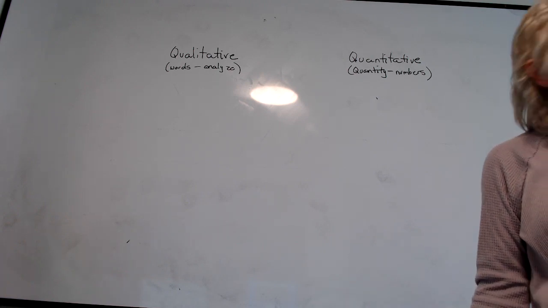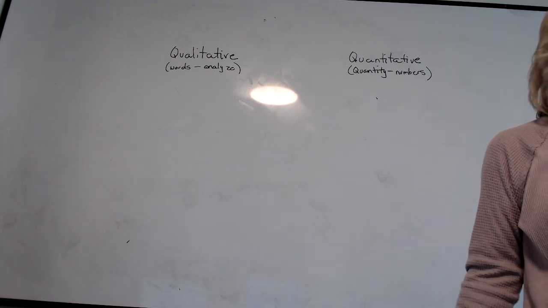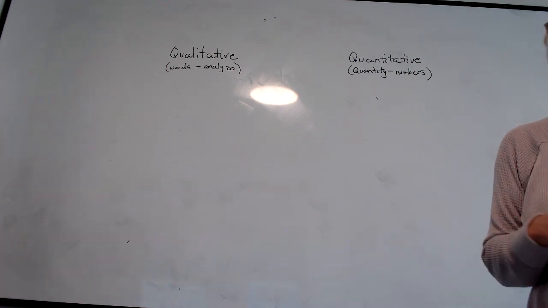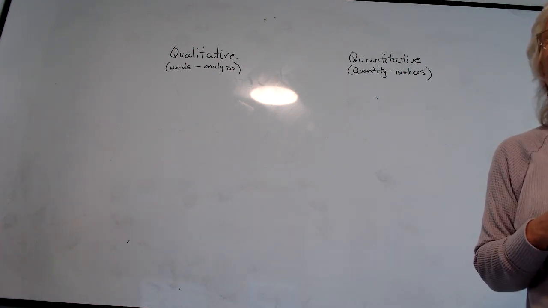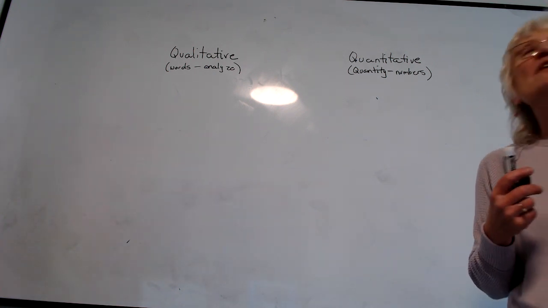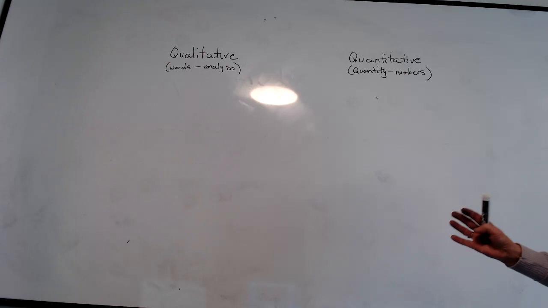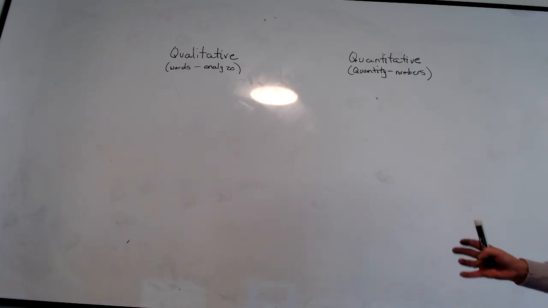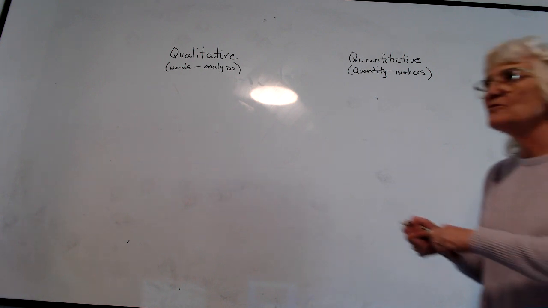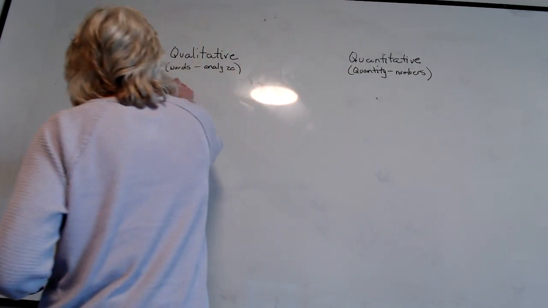Okay, what's another qualitative thing that you might see on there? What are some other words to describe that? If you were describing that, just looking at it, no numbers, what are some other things you would specify? Yes. Color. Okay, so qualitative might be what it's made of.